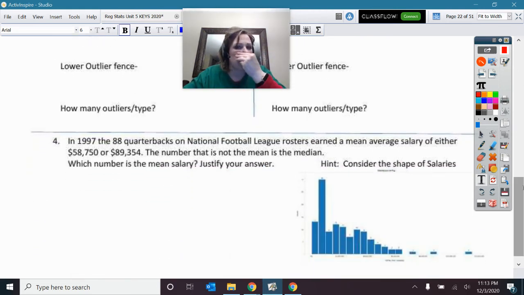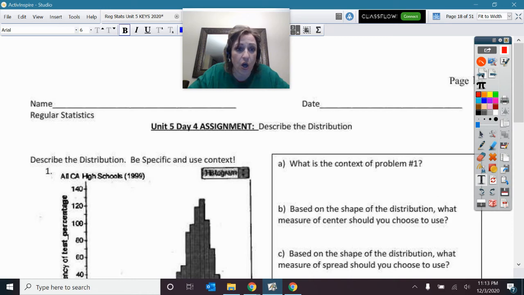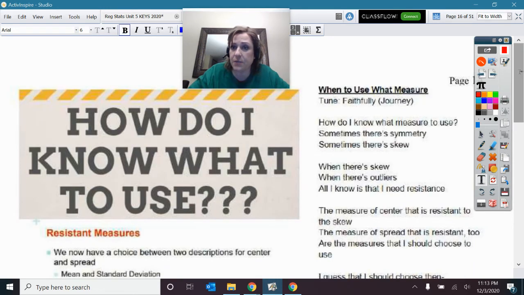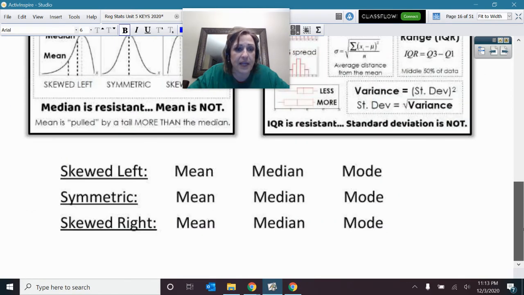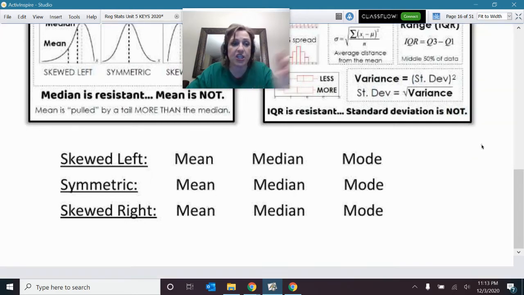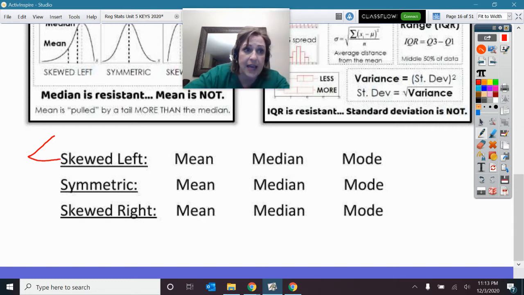All right. Now, the other main concept that this assignment takes into consideration is the relationship between shape and the relationship between mean and median. Back here on page 14, we remember that if we had a shape that was skewed to the left, like this right here, then our mean was less than the median.